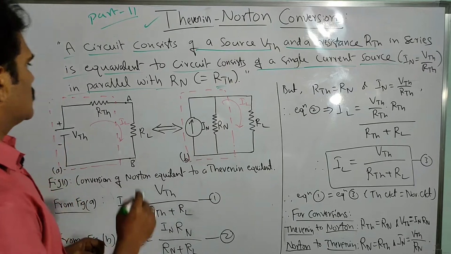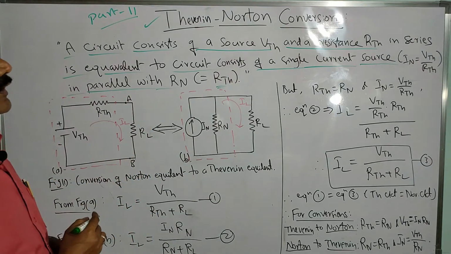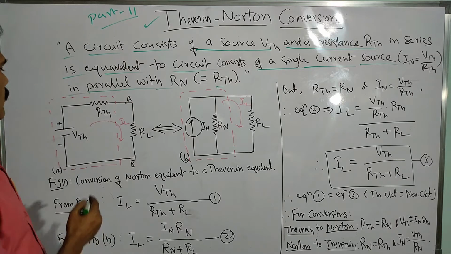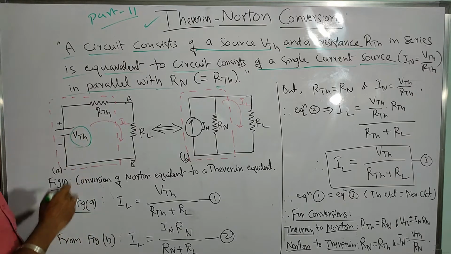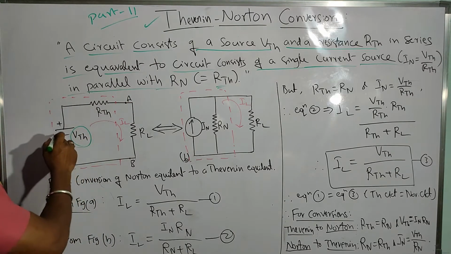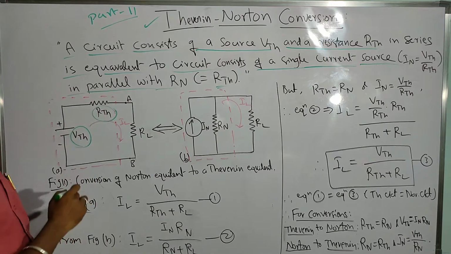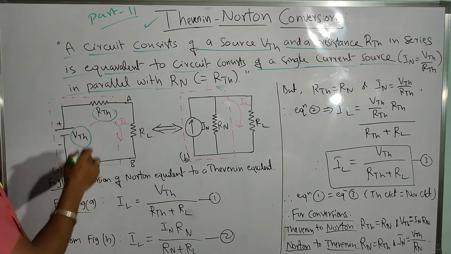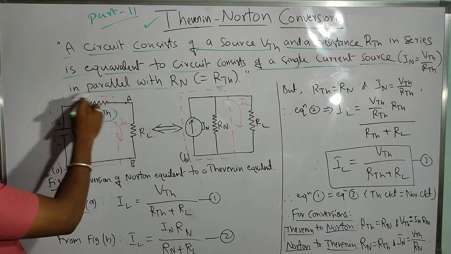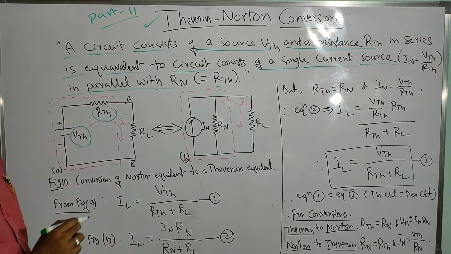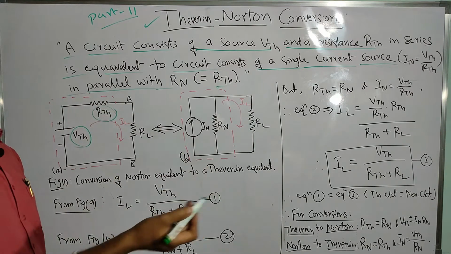For example, consider a simple network as per the statement. We have a voltage source called VTH, connected in series with a resistance called Thevenin's resistance. This part of the circuit is called the Thevenin's equivalent circuit of any given complicated network.